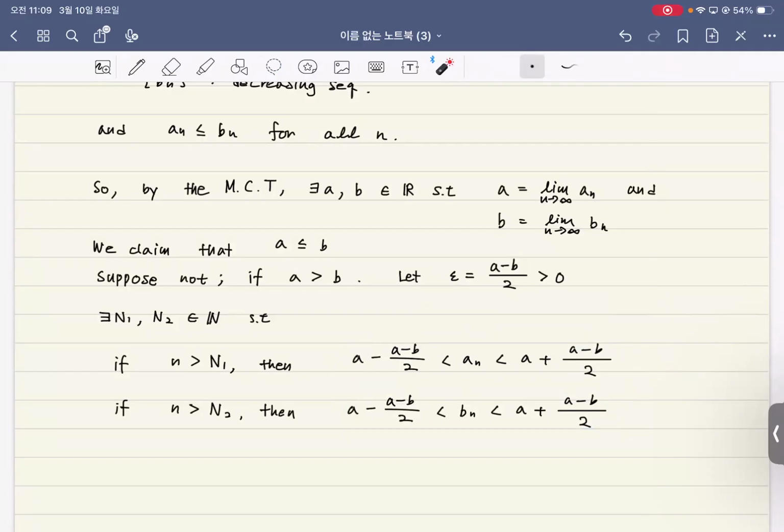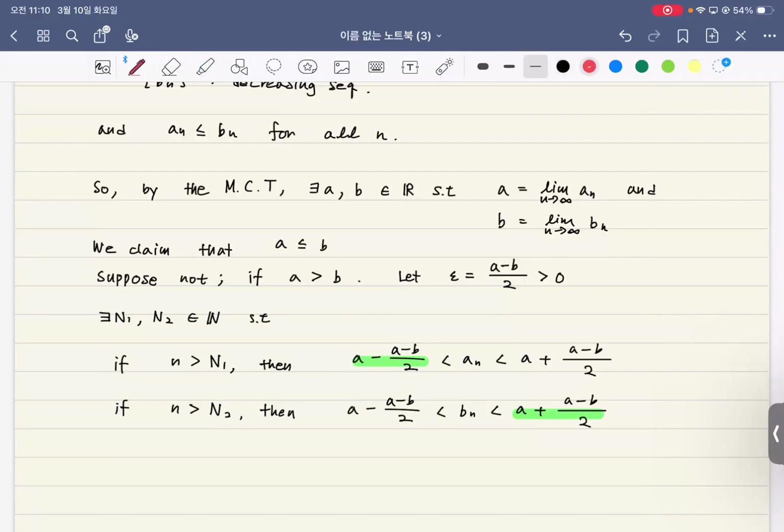Because these sequences are converging to A and B respectively, we have these four inequalities if this index is greater than this number. Before I move on, I would like to simplify these two things.